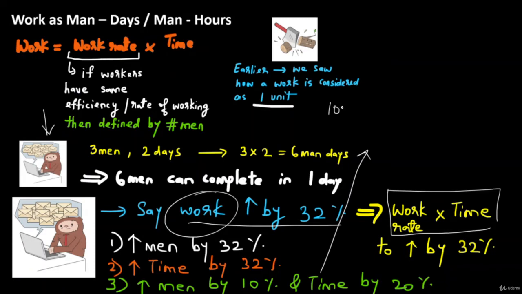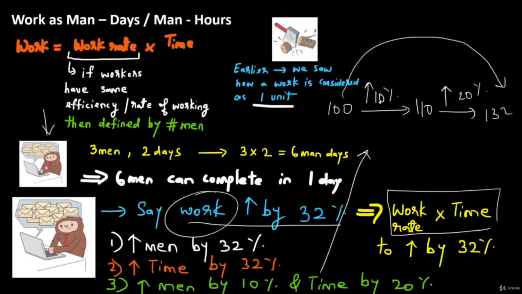Say the product is 100. So one parameter in the product is increased by 10%. So from 100 you go to 110, and the other parameter is increased by 20%. So you go from 110 to 132. So what's the net change? So you're going from 100 to 132. So we know that percentage change is change by initial value.